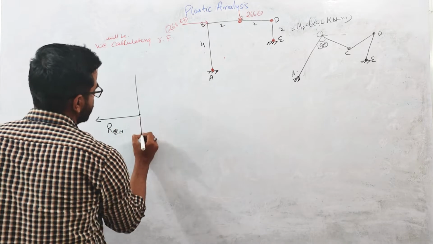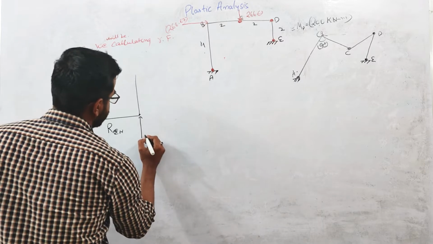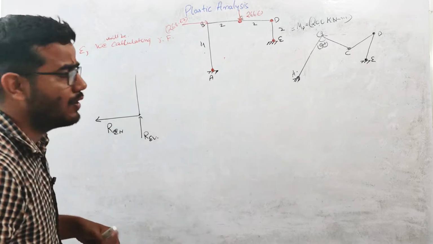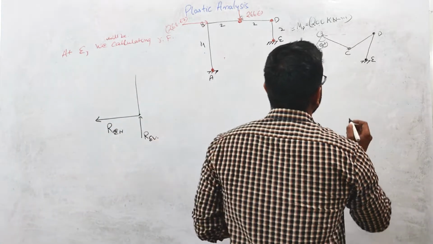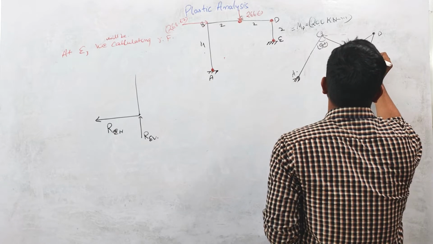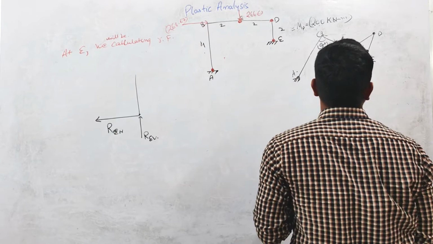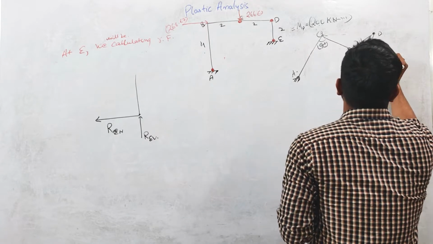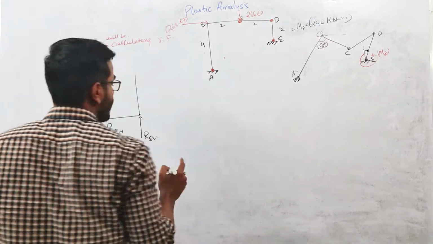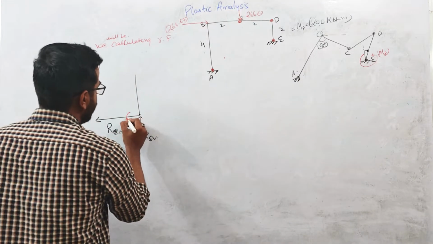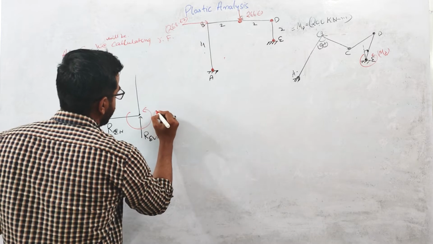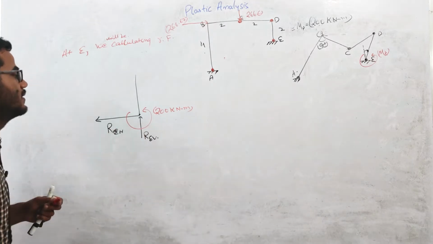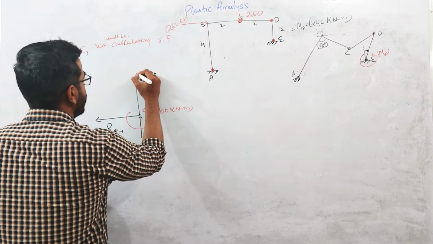One vertical reaction will be there because this is a fixed support, so the reaction will be REV. And one moment will also act, and the direction of the moment will be, here you can see that at this E point there is a rotation in clockwise direction. So the moment will act opposite to this, and this will be MP, right? So at this point the MP value is 200 kilonewton meter. So at this E point the bending moment will act in anti-clockwise direction, and the value will be 200 kilonewton meter, right? This is E point, this is D.